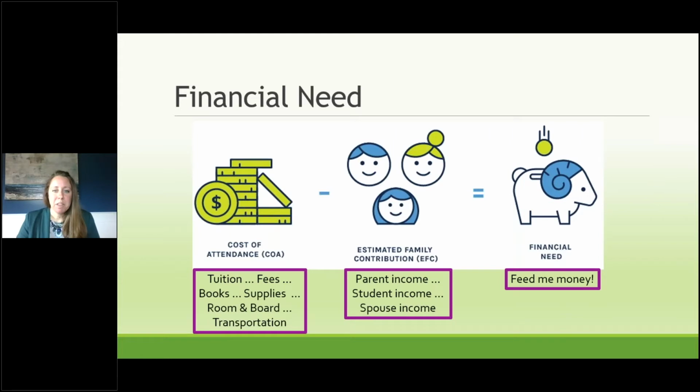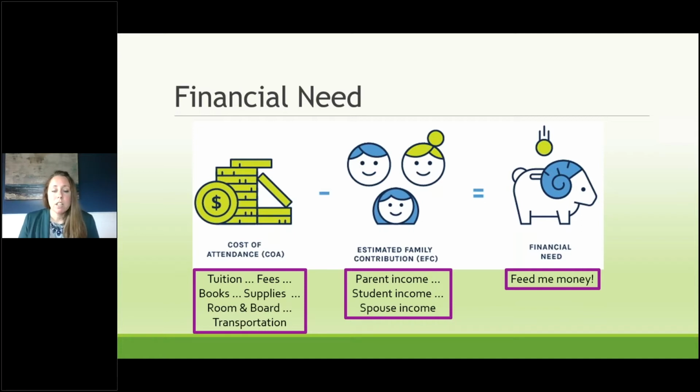Another common term that we will come across in those financial aid award letters is financial need. Using some of these terms that we've already talked about, cost of attendance and EFC: we take the cost of attendance, the amount that the school is estimating it's going to cost to attend the college, and we subtract the EFC. So COA minus the EFC is going to give us the financial need.